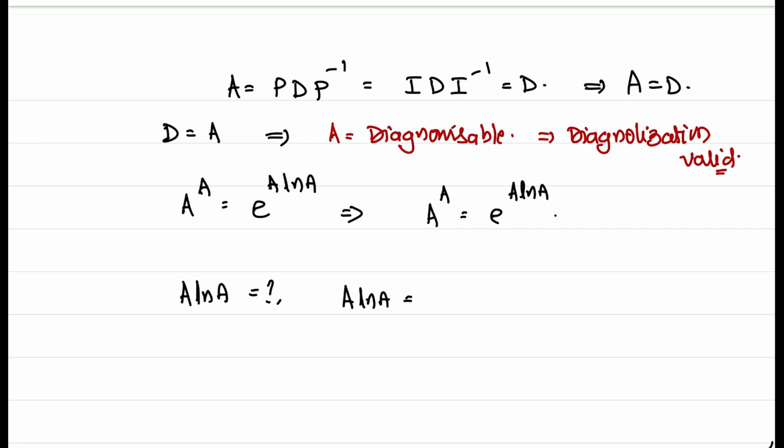Then A to the power of A is equal to e to the power of A ln A, and we have to find out A ln A. A ln A can be A into ln A: A is [3 0; 0 5], into ln A. Because it is diagonalizable, we can directly apply ln here: ln 3, 0.